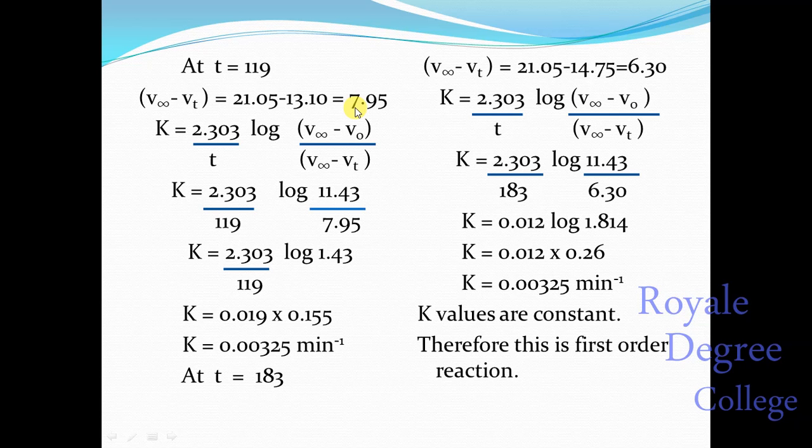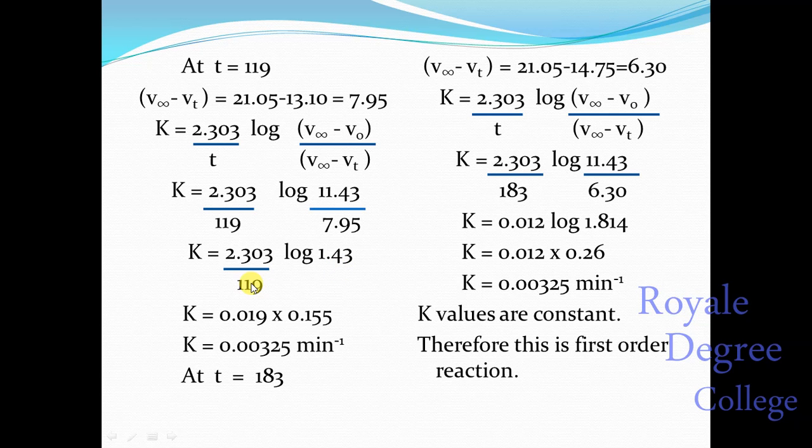Now, as we are taking this particular formula, in place of t here, we are writing the time as 119, isn't it? Then log of V infinity minus V naught, its value is 11.43, divided by V infinity minus Vt at the time 119, that is its value 7.95. Now we are dividing this. 11.43 divided by 7.95, we will get the value 1.43.